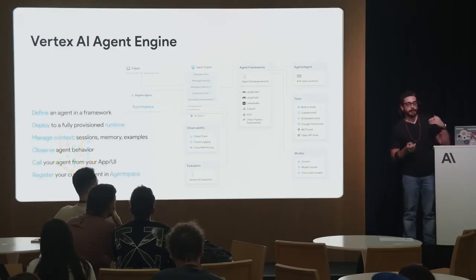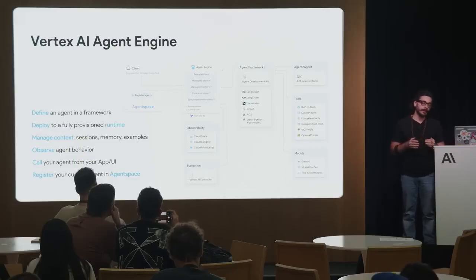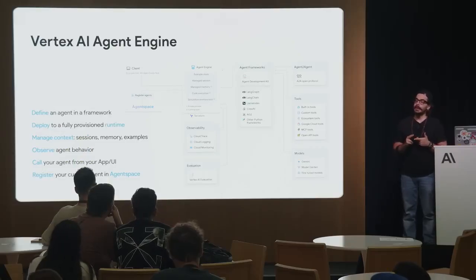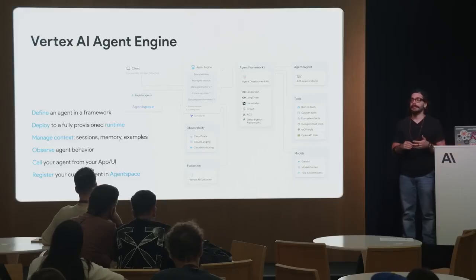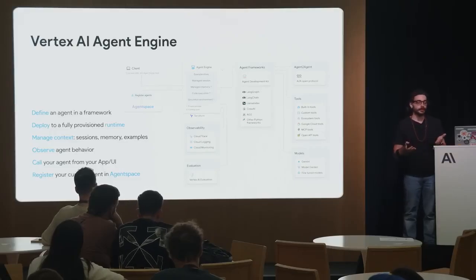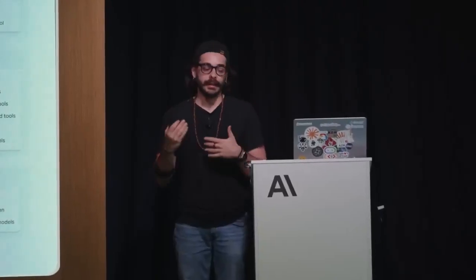So to wrap up the Agent Engine capabilities, you can deploy any agent, and you can define the agent in any framework that you want. You can use this managed runtime to deploy these agents, and then you will automatically be able to observe the behavior of the agent and call the agent at scale.